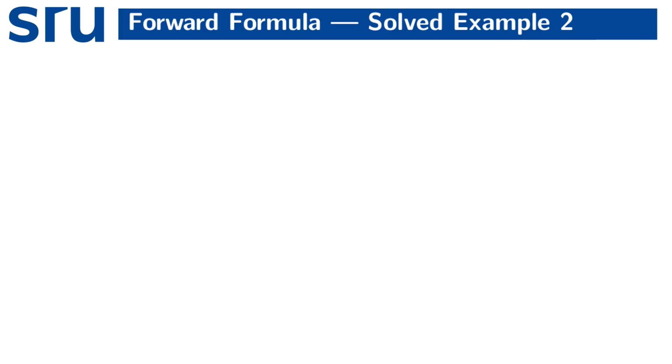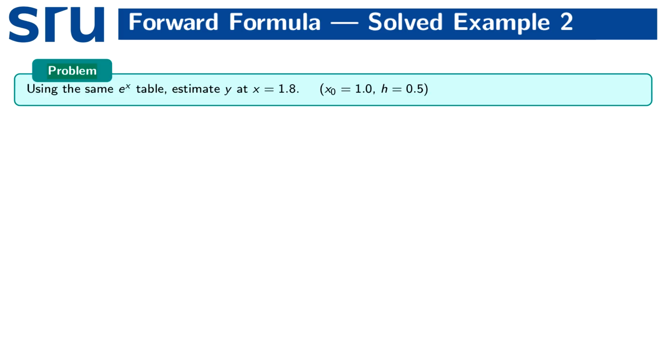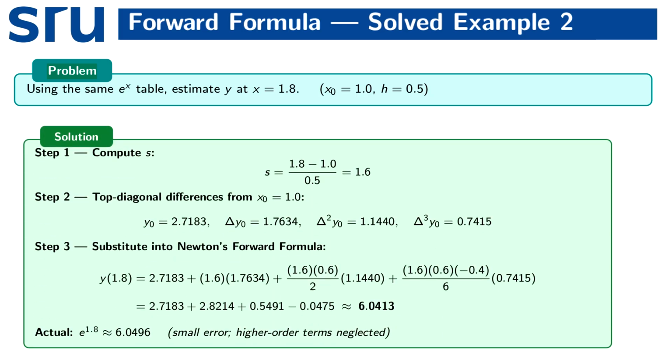So we are going to solve another example where we use Newton's interpolation formula. We are given the function as e raised power x, and the point at which we need to find the value of this function is x equal to 1.8, the value of x naught is 1.0 and h, the step size, is 0.5.